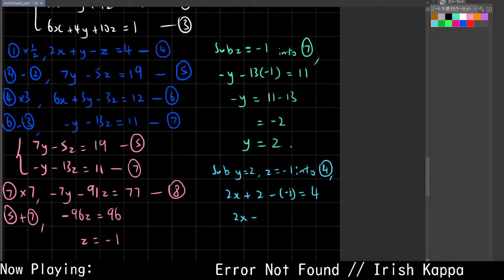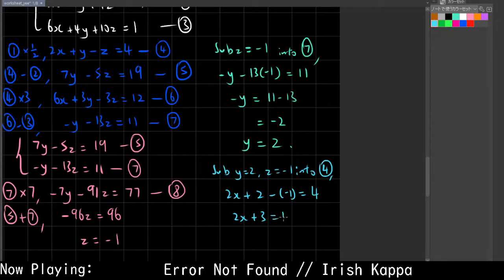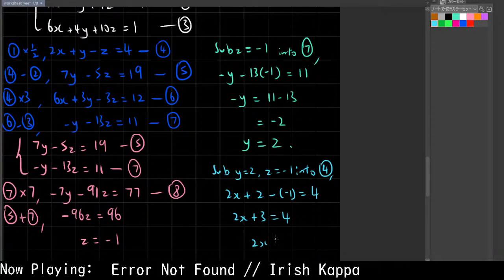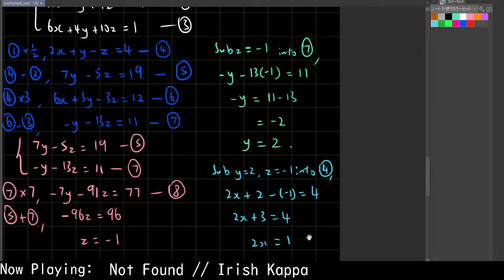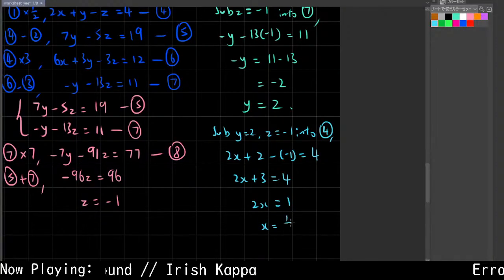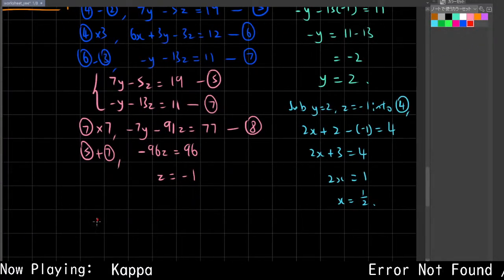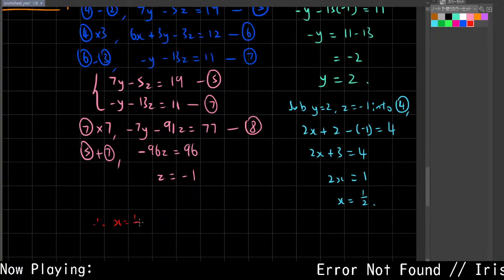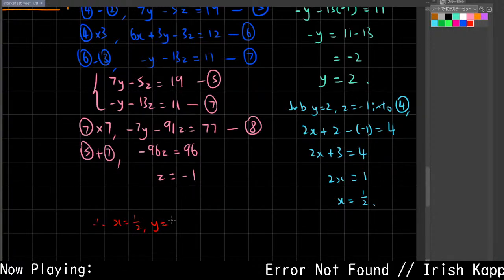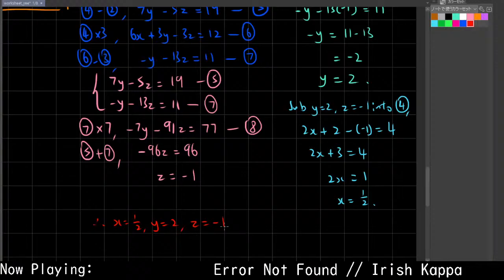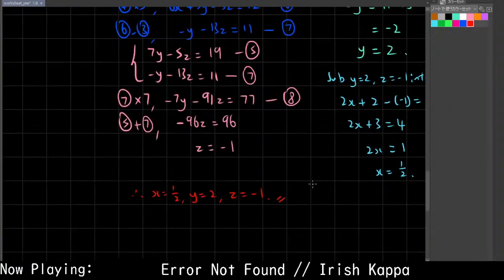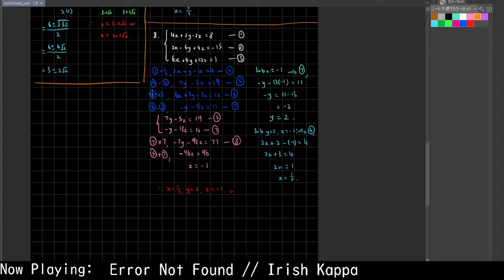Minus become plus, 2 plus 1 is 3, bring over becomes minus, 4 minus 3 is 1, x is that. Okay, there we go. Done.